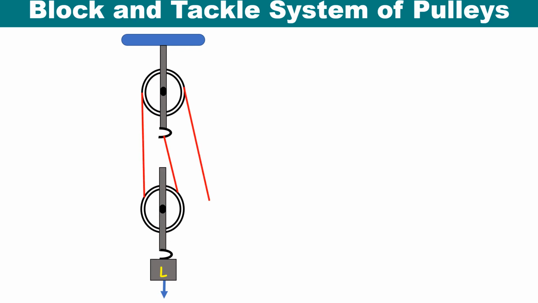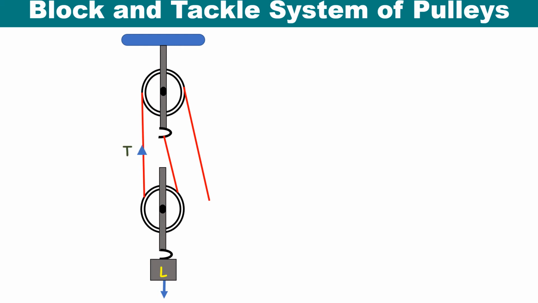And there is the tackle, meaning string, which is fixed to the upper block, covers the lower pulley, then goes to the upper pulley and is pulled by the effort. So there is a single string which winds around the pulleys.